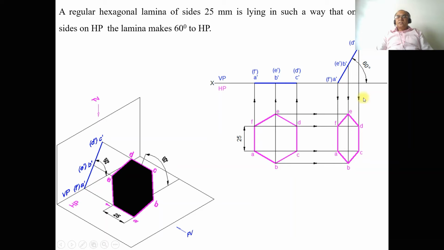Then when you project this and draw the top view, you get the hexagon here. A dash F dash and C dash D dash are both parallel to HP, so we're getting the true length here. And A dash B dash, B dash C dash, D dash E dash and E dash F dash are all inclined to HP. Therefore, the corresponding lengths AB, BC, DE and EF are apparent lengths.